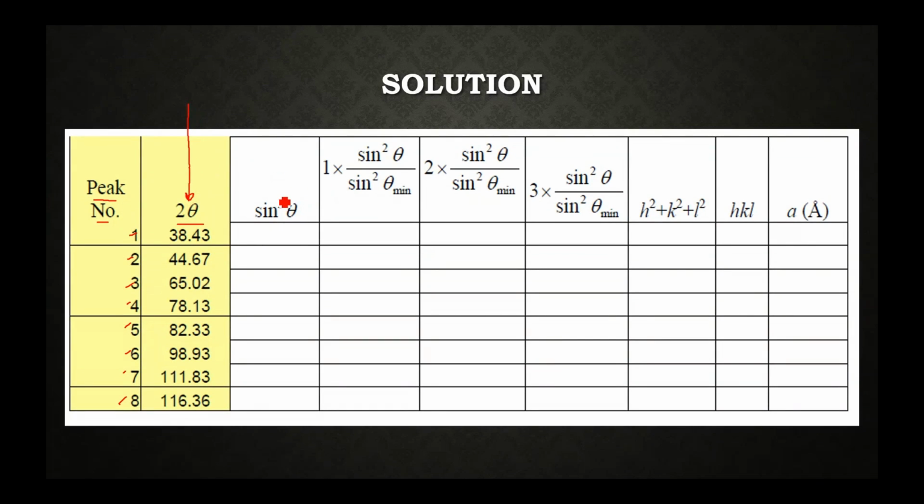Now, the first thing that you have to do is find out the sine square theta values. I'll give you 5 minutes to find out all the sine square theta values for the corresponding 2 theta angles, and then we'll fill up this table. Just for the first column, which is sine square theta.